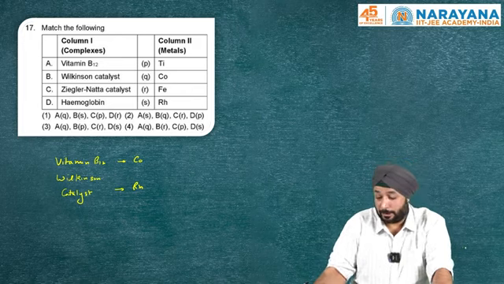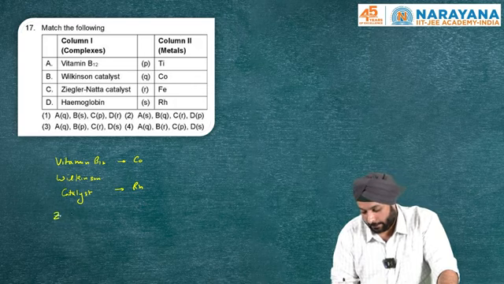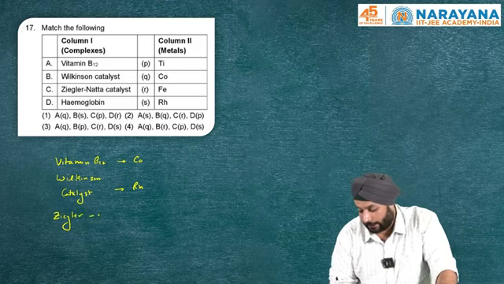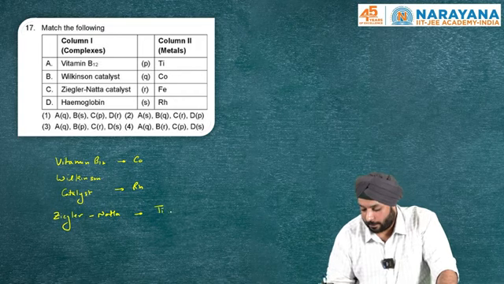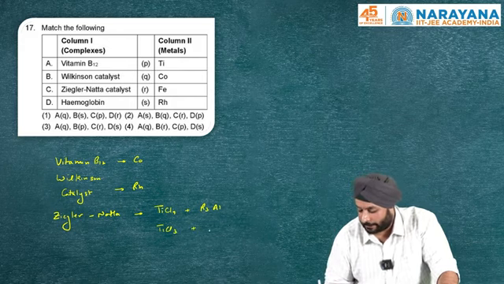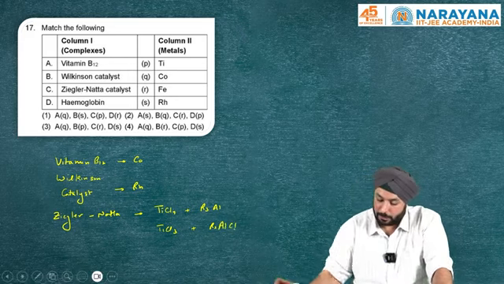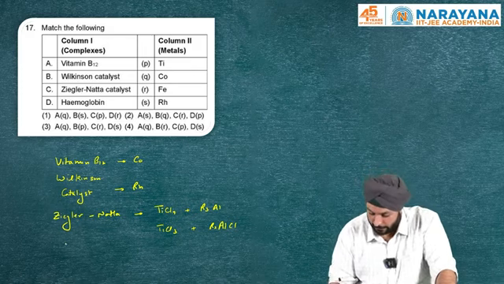It will do the hydrogenation of the least sterically hindered alkene. Ziegler-Natta, for polymerization of alkenes, has TiCl4 plus triethyl aluminium or trialkyl aluminium, or you can have TiCl3 plus dialkyl aluminium chloride. Now option D, hemoglobin, obviously iron.